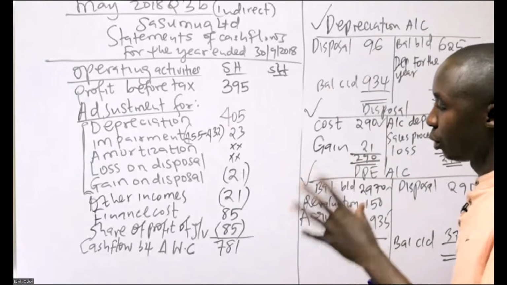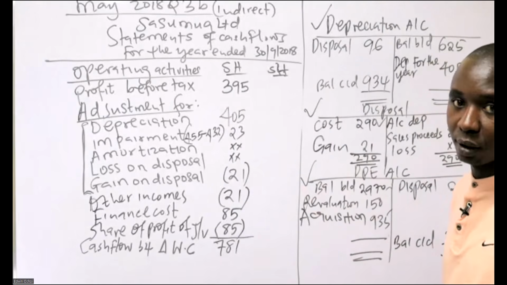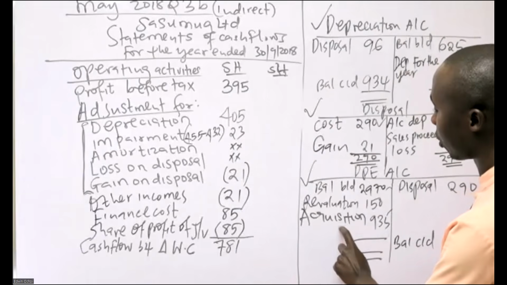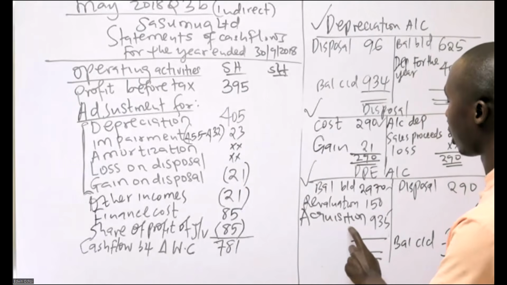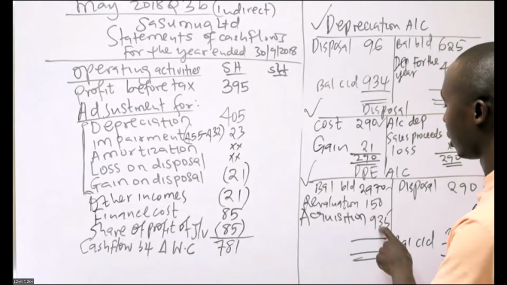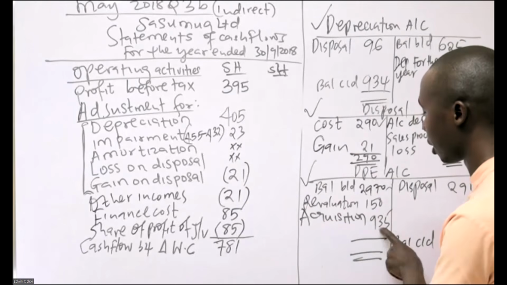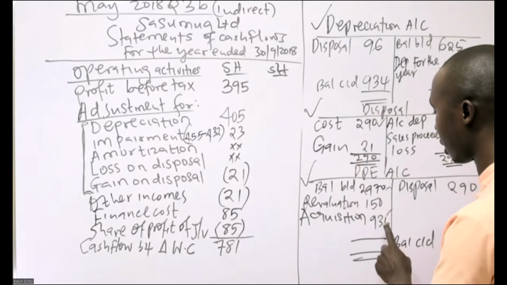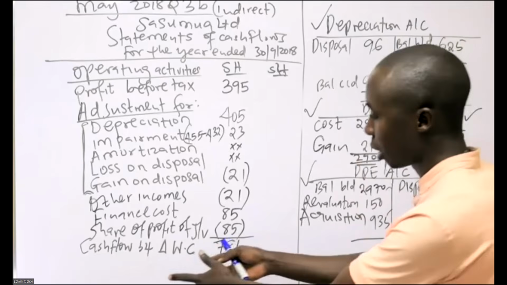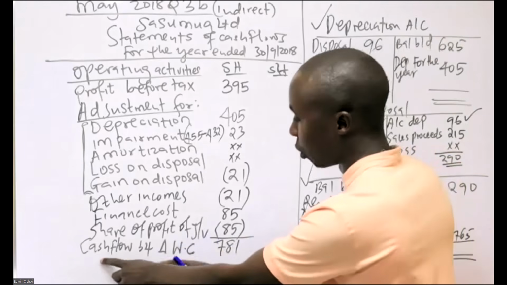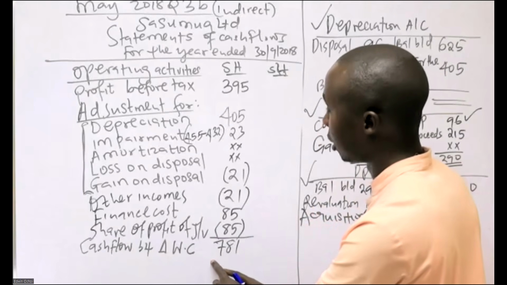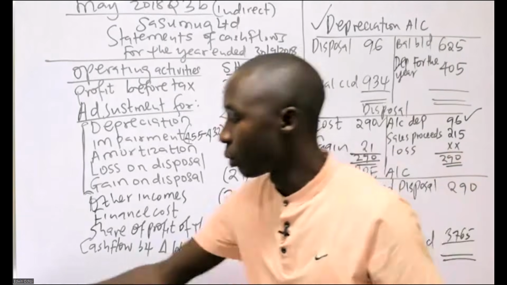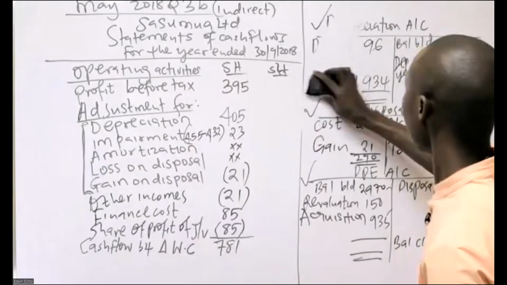So when I will be doing the investing activities, I will say we acquired an asset and there's money we paid. So cash paid on acquisition of asset. So I will be expecting you to give me this figure when I will be doing the investing activities. So for now, let's embark on our statements. So we were under the cash flow before the changes in working capital. Now we mentioned the changes in working capital.